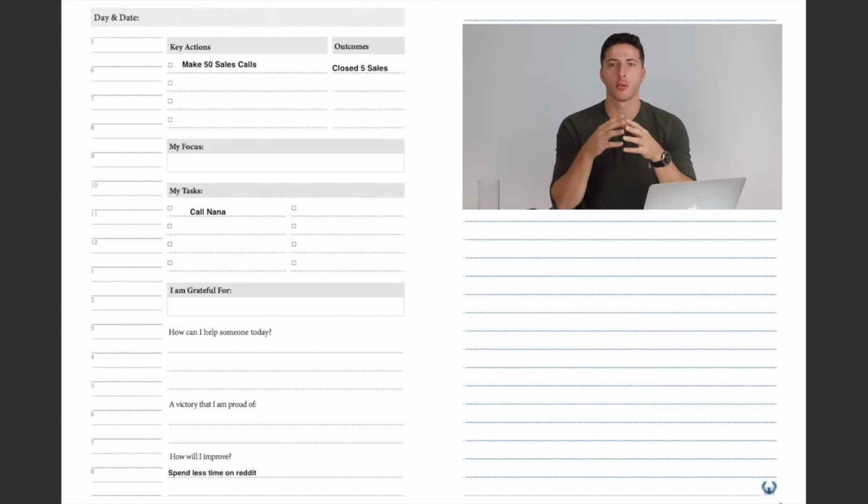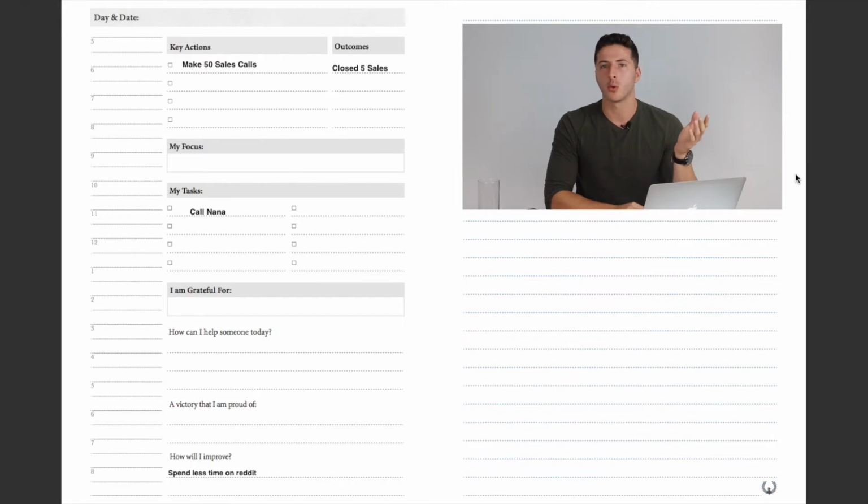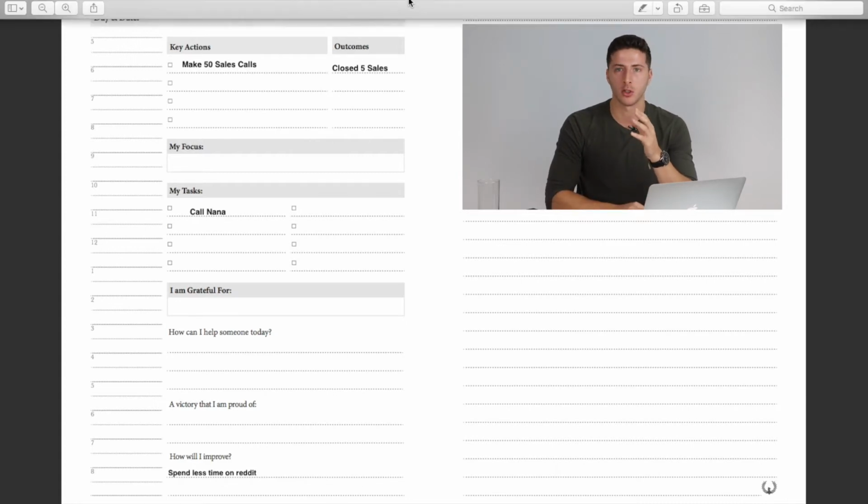Think about this: if you journal for 10 minutes every single morning, by the end of the year you'll have written a book's worth of information about yourself, about what you want, about what you're thinking about, and it'll make you so much more clear on where you're going in life, what you desire, why, who you are, just all these things that you can put into your journaling pages that otherwise you would never do if they weren't sitting there right in front of you asking you to do it along with your daily planning. So that's why I think the Phoenix Journal really stands out, because it actually gives you a full page to do this every day.